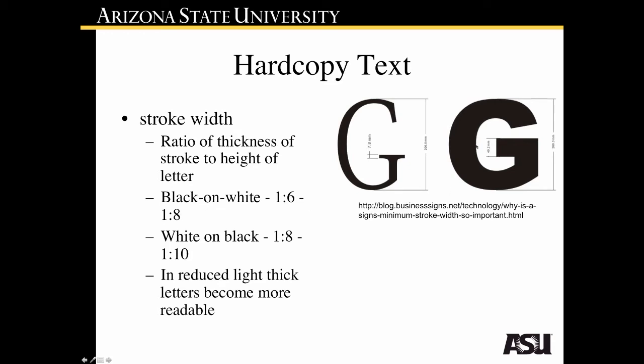So you can see actually from a real distance, this is actually easier to read. So if you're designing things like signs, for example, this would be easier to detect, especially in things like reduced light and so forth. These things become easier to read.